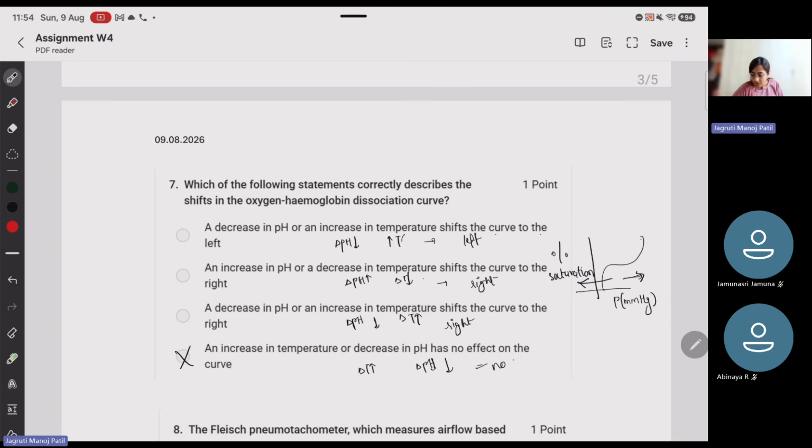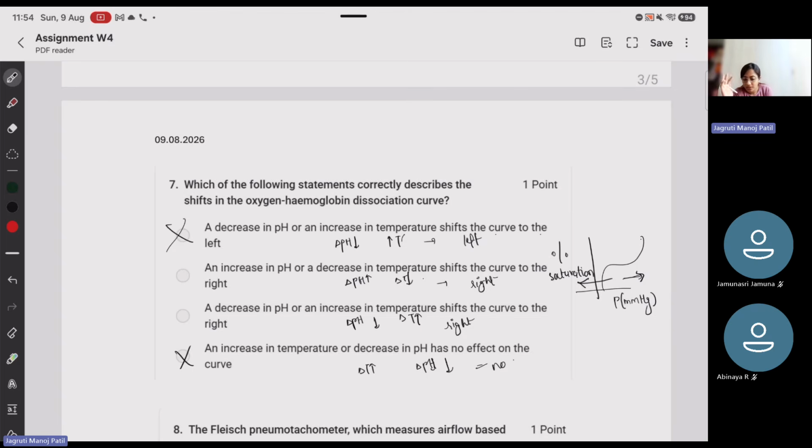So let's see. A decrease in pH and an increase in temperature will shift the curve to the left. If we are shifting to the left, lower pressure, we're talking about higher saturation, which is increasing. So if my saturation is increasing, my pH cannot decrease. This is crossed. Increasing pH or decreasing temperature will shift the curve towards the right.